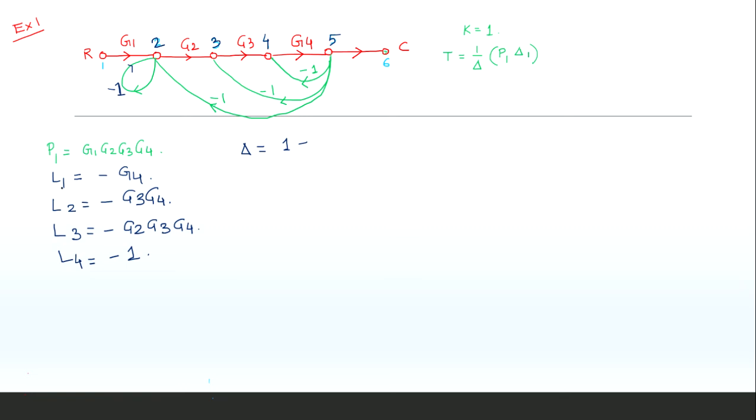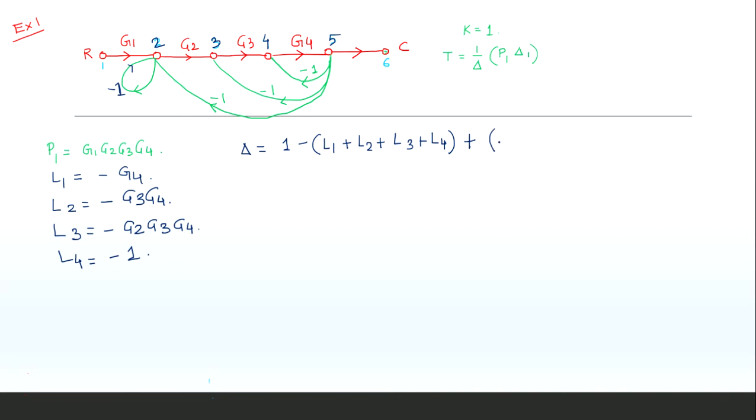So the individual loops are L1 plus L2 plus L3 plus L4. Okay. Now next, this is minus, this will be plus, all possible combinations of two non-touching loops.